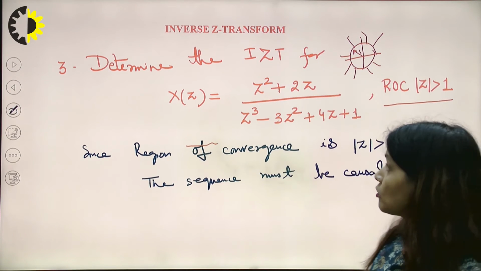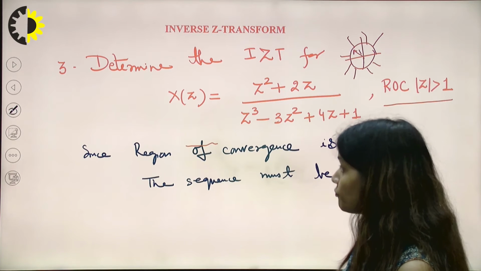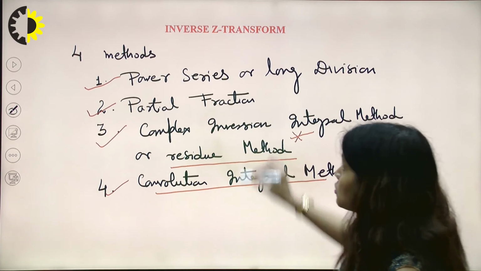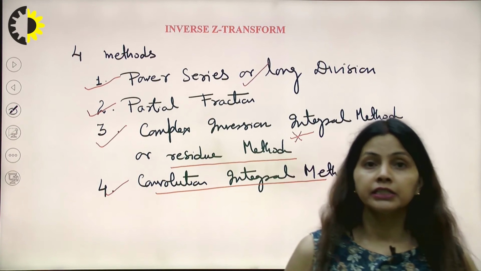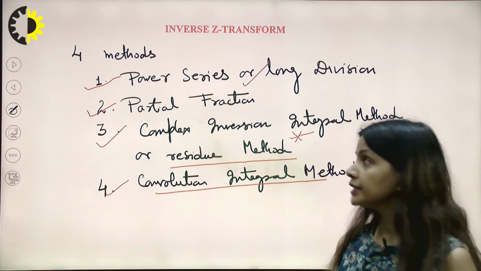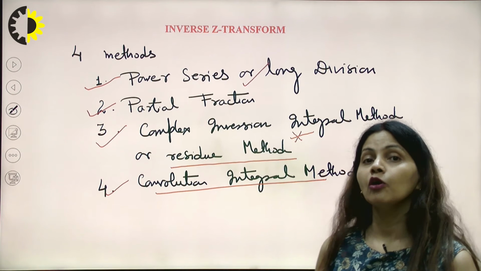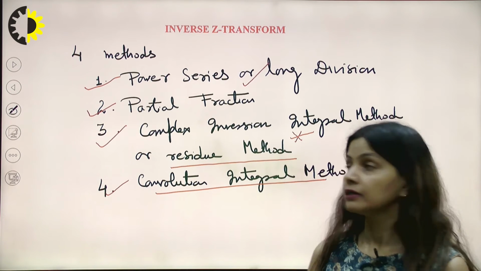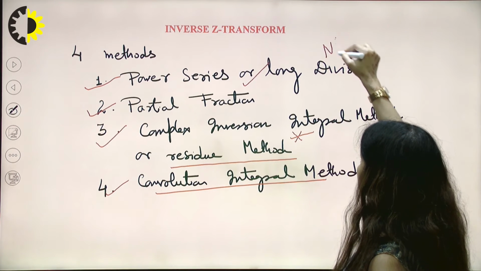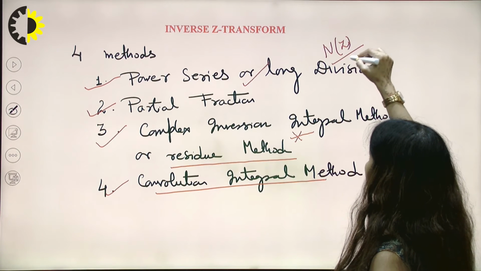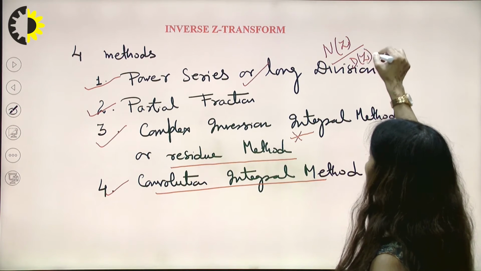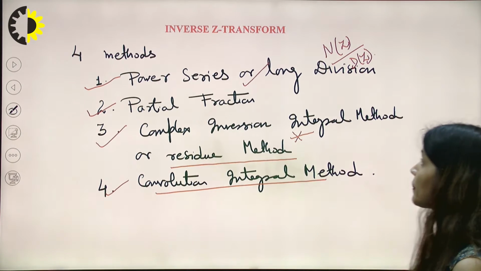So this is the ROC for this particular function. Which method will I apply? I will apply the power series or long division method, as I am given the function in terms of N(z) upon D(z). For this method, I need the function in the form N(z) upon D(z).